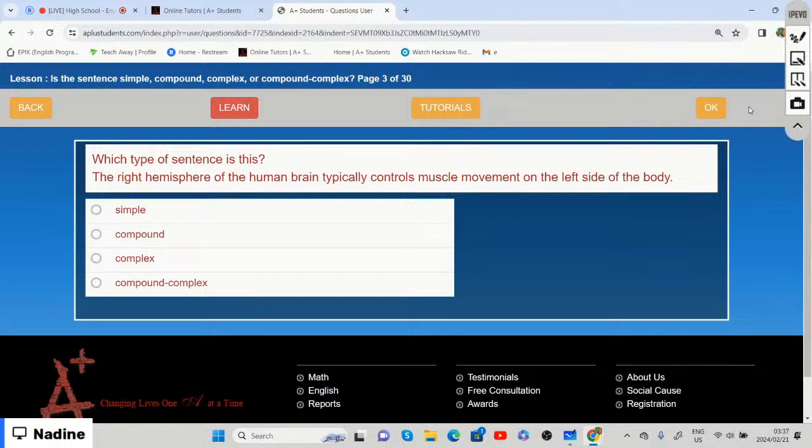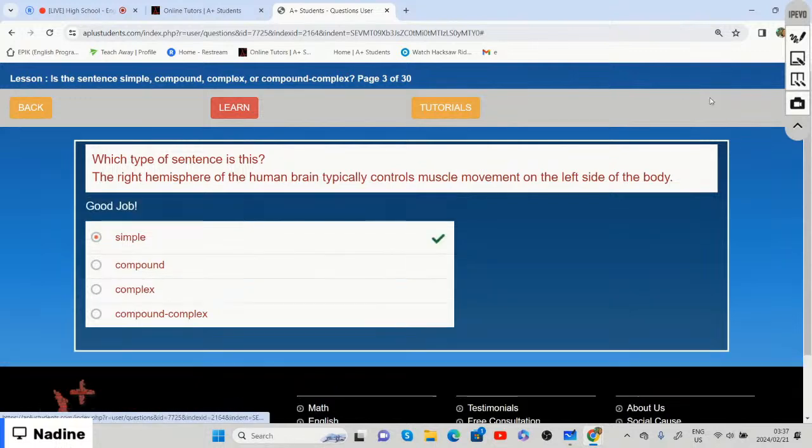And if we were to say which type of sentence this is, right, we'll say this is a simple sentence. And a simple sentence is correct.